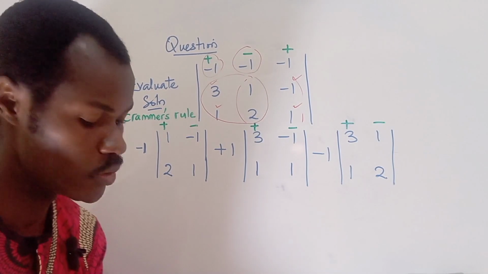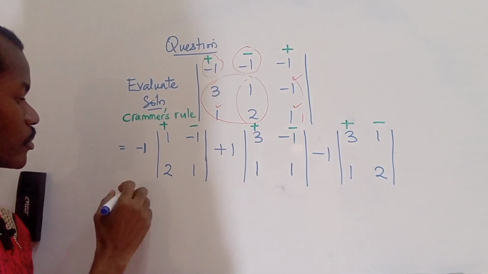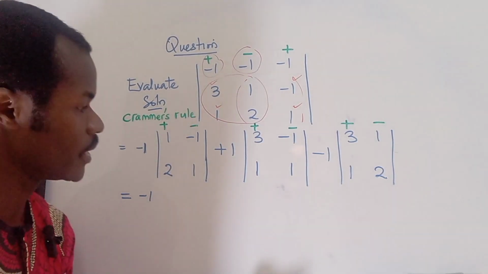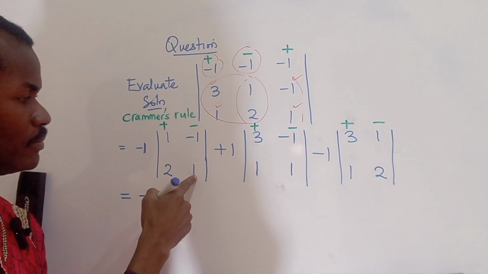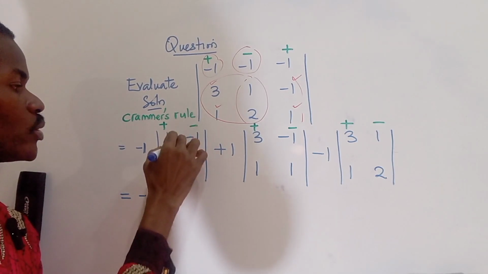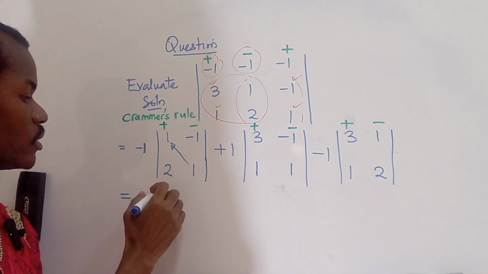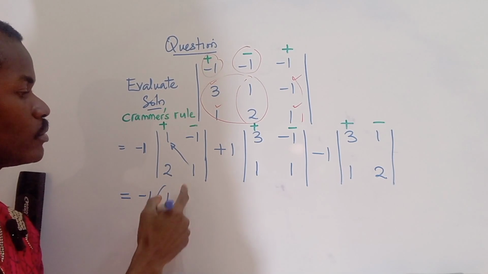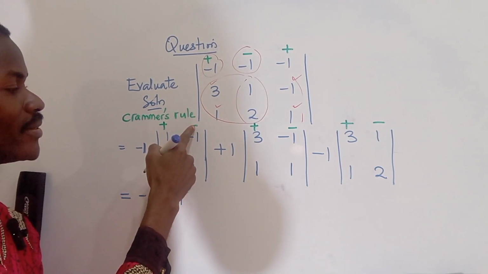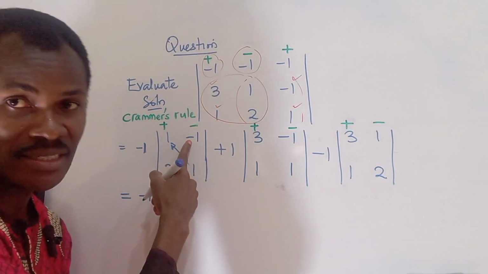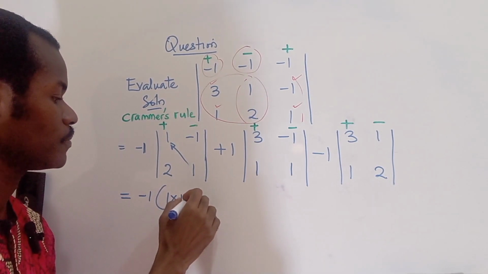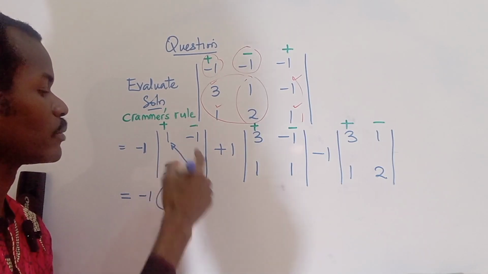Now we are still going to do the same. So I have this as minus 1. What about this? This is going to multiply this way to make it easier. So we have plus 1, which is the 1 multiplied by 1. So you have minus times minus, which is going to give us plus, and we have 2 times 1.